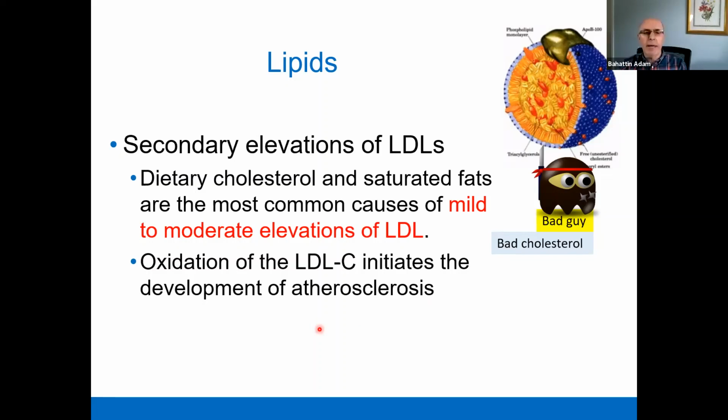Dietary cholesterol and saturated fat are the most common causes of mild or moderate elevation of LDL. And oxidation of the LDL initiates development of atherosclerosis.